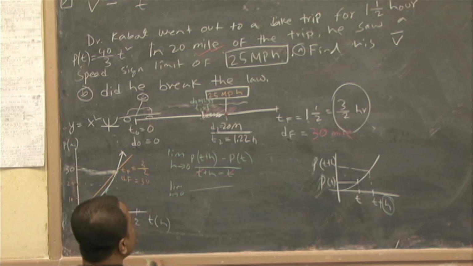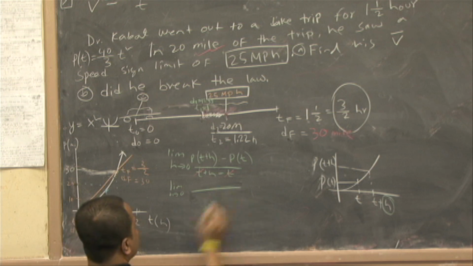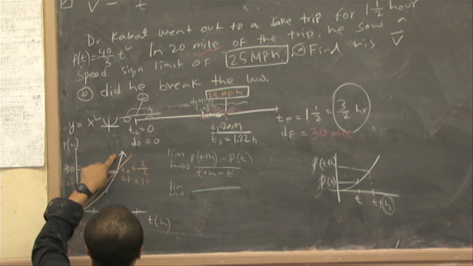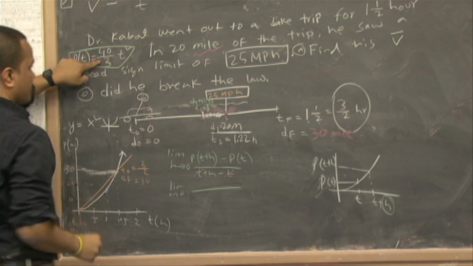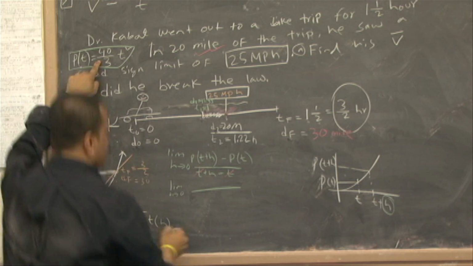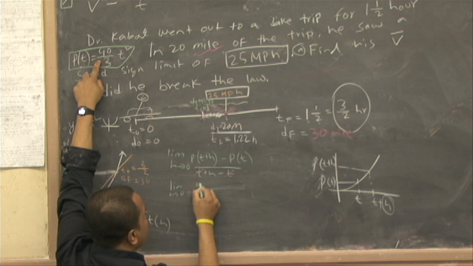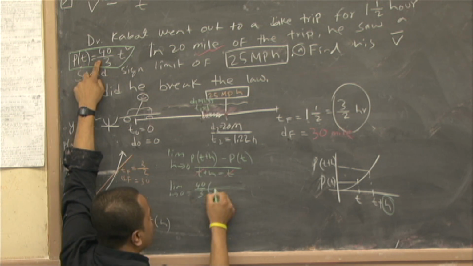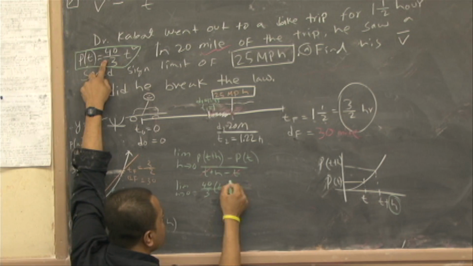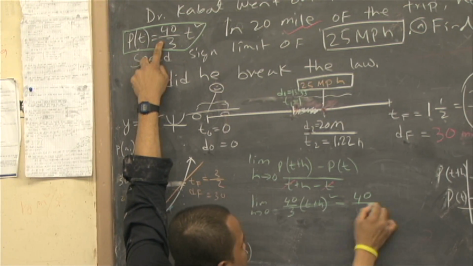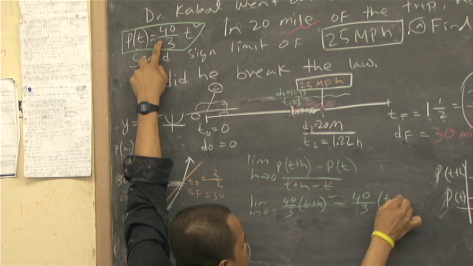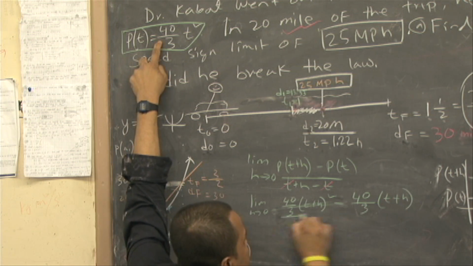What is our position function? Our position function is here. So we have 40 over 3 times t plus h squared, minus 40 over 3 times t plus h.